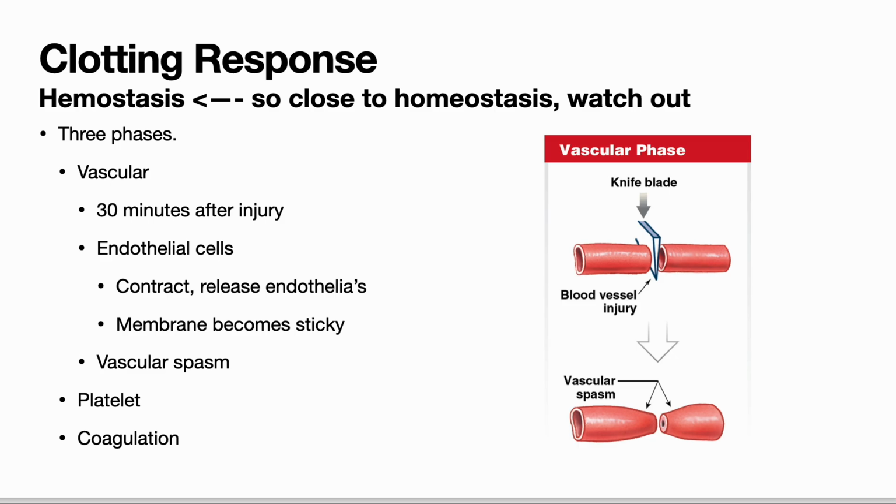That will include things like endothelins, which are a peptide hormone that stimulates smooth muscle contraction. So that will help close down the vessel and help prevent the loss of blood through the injury. And it will also stimulate fibroblasts to accelerate the repair process.